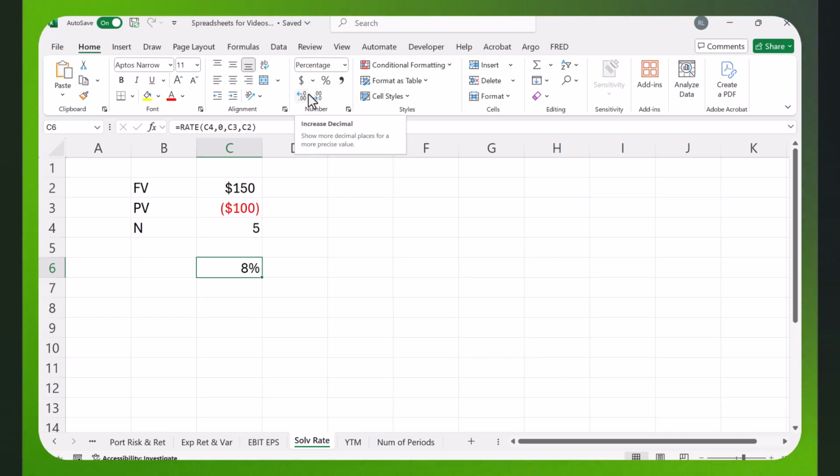It has some zeros and an arrow pointing to the left, and I can increase them and I get 8.45%. So exactly the same as we got on the financial calculator and from using the formula.